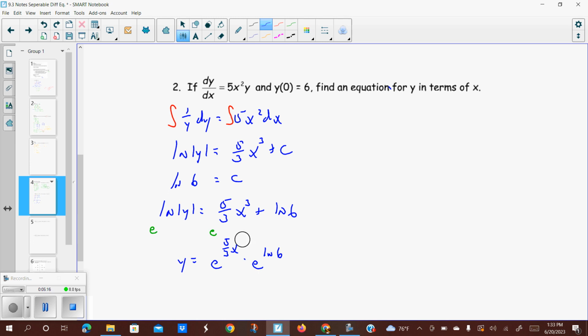And since the e to the natural log are composite functions, we're just going to end up with the argument. So that is just 6. So we should end up with y equals 6e to the 5/3 x cubed.